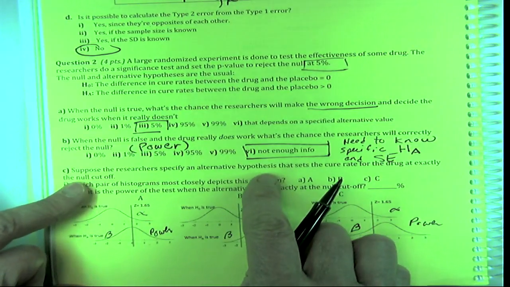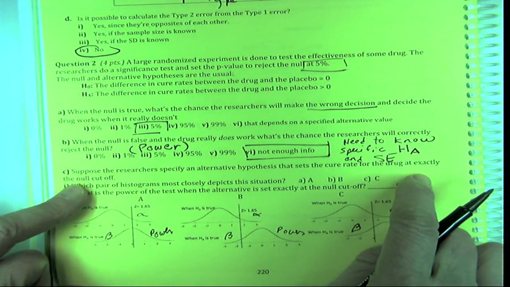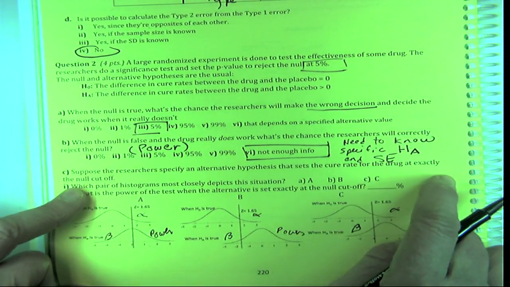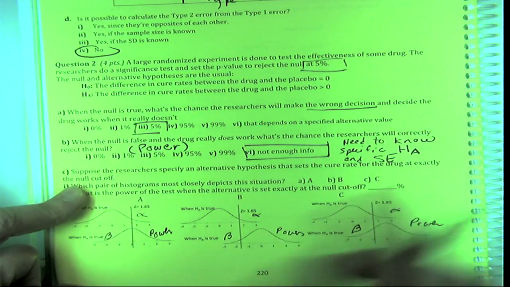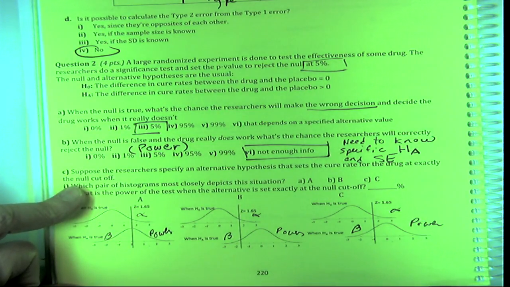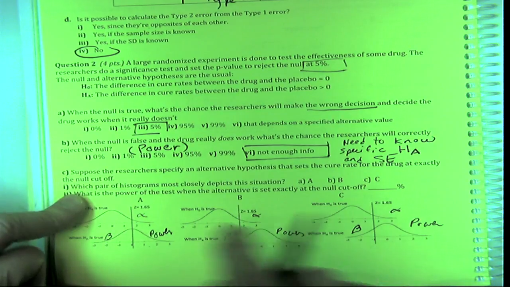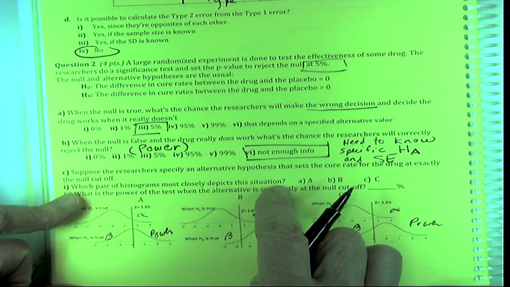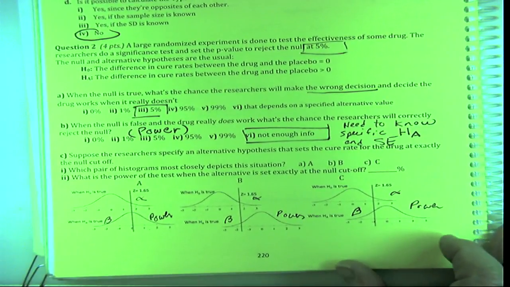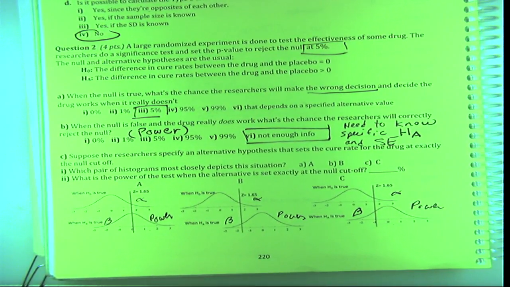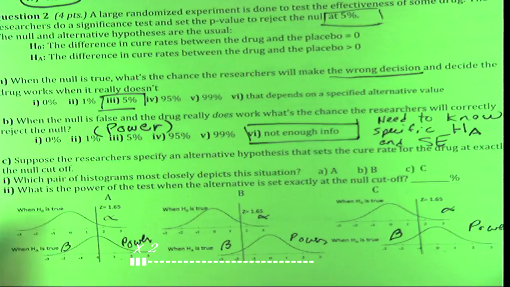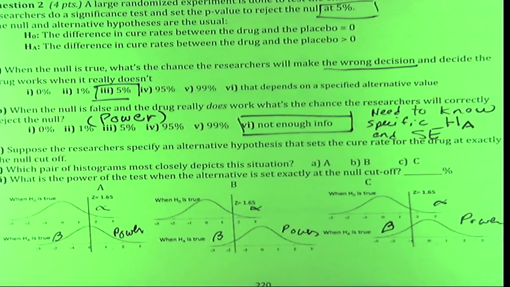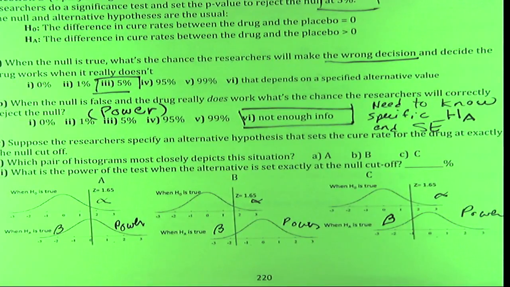Now, suppose the researchers specify an alternative that sets the cure rate for the drug at exactly the null cutoff, wherever the null cutoff is. Which pair of histograms most closely depicts that situation, where you're setting the middle of your alternative curve right at the null cutoff?